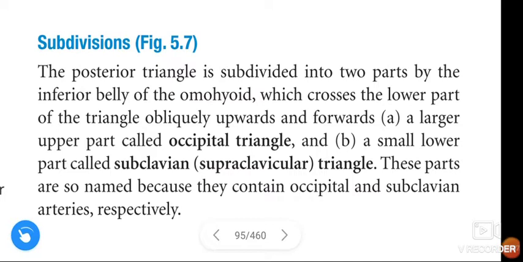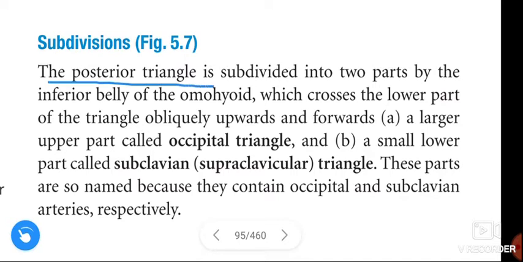Subdivisions of the posterior triangle. The posterior triangle is subdivided into two parts by the inferior belly of omohyoid, which crosses the lower part of the triangle obliquely upward and forward.